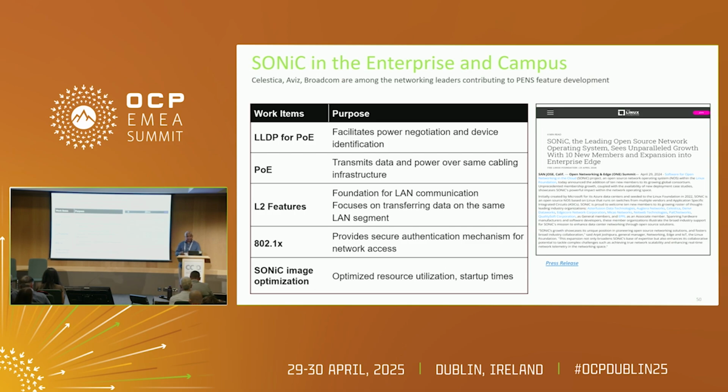So you can see how that whole initiative is definitely going to grow. And we've seen this even from us as one of the many vendors that are part of the PENS community. We're seeing more and more interest by enterprise customers wanting to look at deploying SONiC within their own enterprise networks.